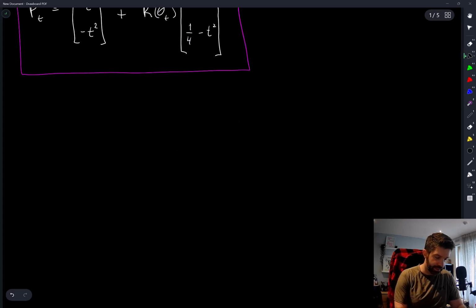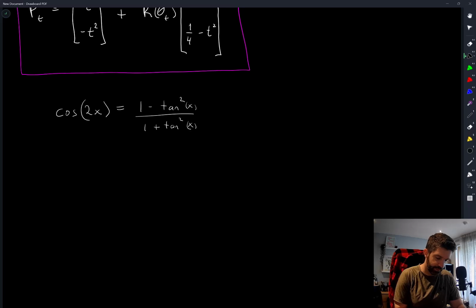So the trig identities that are going to be important are some pretty standard double angle formulas, except rewritten in terms of the tangent of the original angle. So that's a double angle for cosine, and a double angle for sine is given by this.